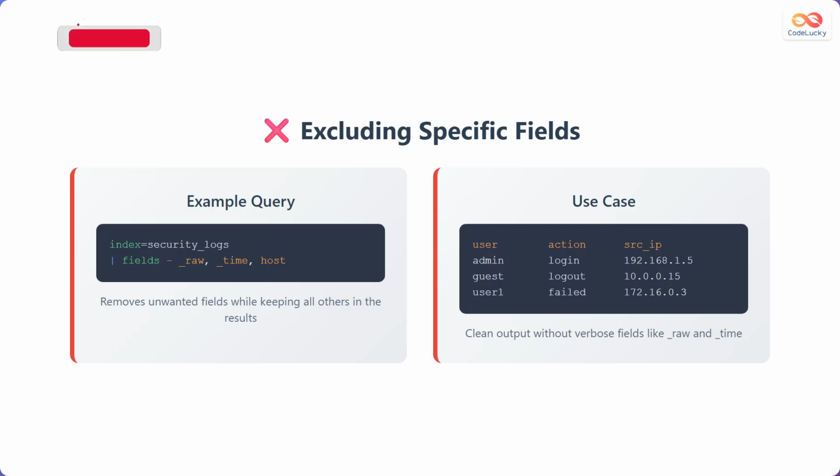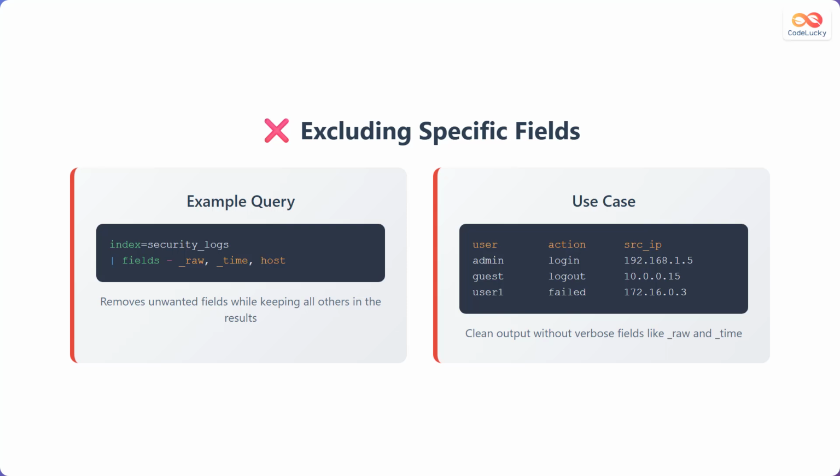Sometimes it's more efficient to remove unwanted fields rather than specify which ones to keep. The exclude syntax uses a minus sign to tell Splunk which fields to remove from your results. Consider this example with security logs. index=security_logs pipe fields - _raw, _time, host.